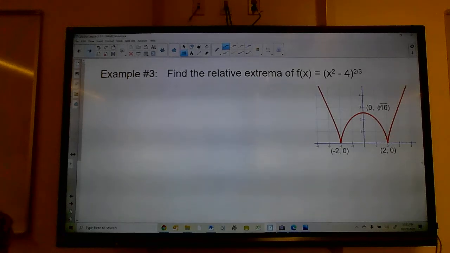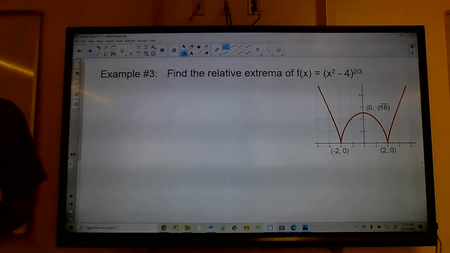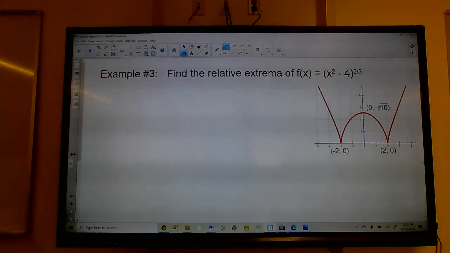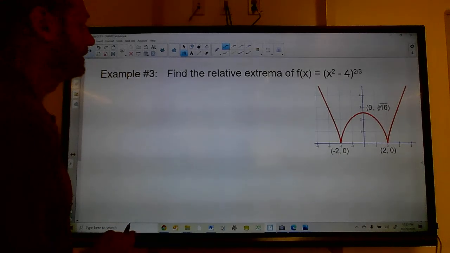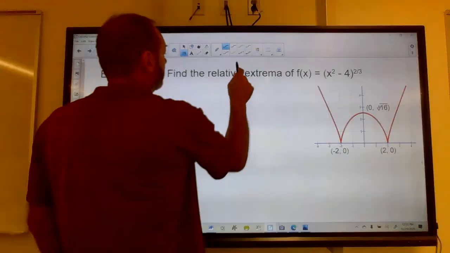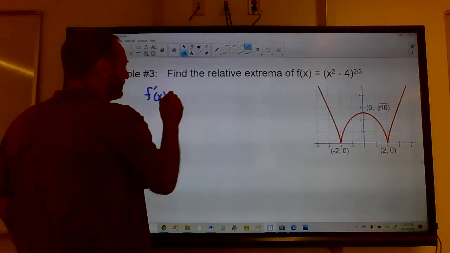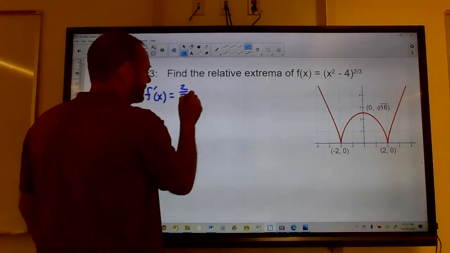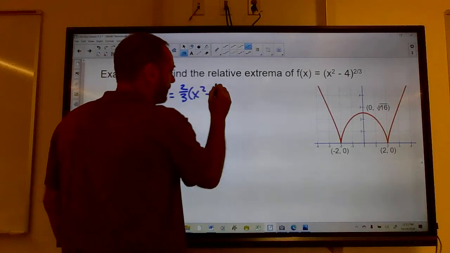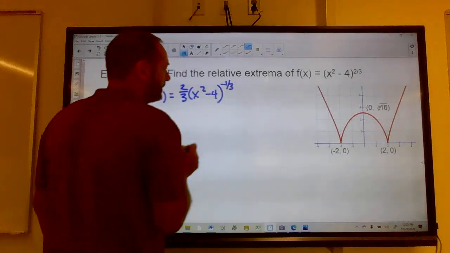Find the relative extrema of x squared minus 4 to the 2/3 power. Okay, so I got to take the derivative. So f prime of x is going to be 2/3 x squared minus 4 to the -1/3.